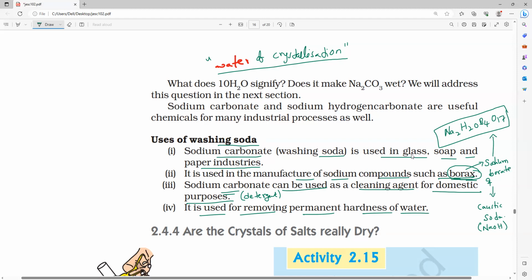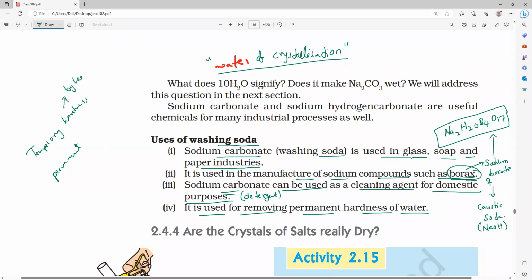Next, it is used for removing the permanent hardness of water. This concept we will get in class 8th. Remember, water has two kinds of hardness because of certain substances present. One is temporary hardness, and another one is permanent hardness. Temporary hardness is removed just by heating.